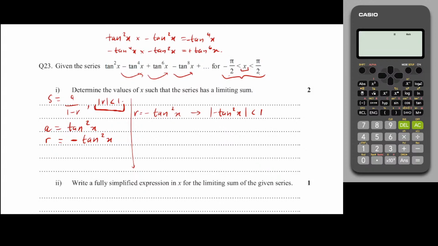So for what values of tan squared x are less than 1? In other words, my inequality is this for my x value, but I'm looking for tan squared, so I need to essentially square both sides. That doesn't sound right.